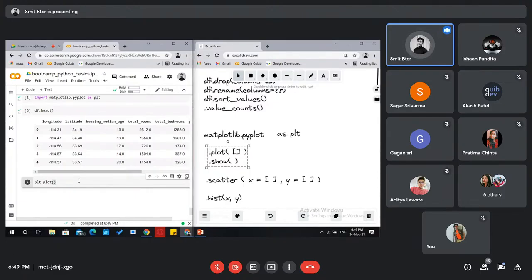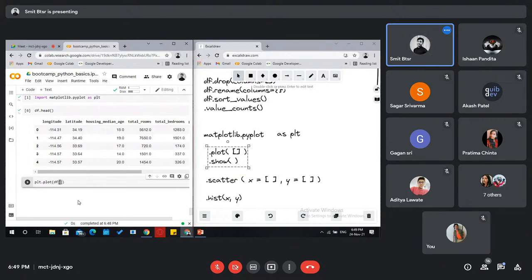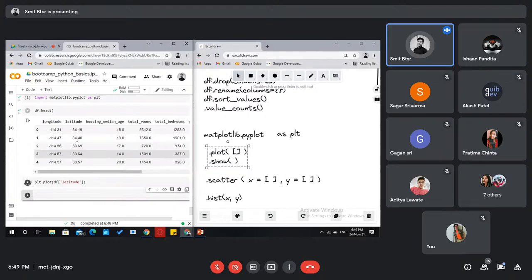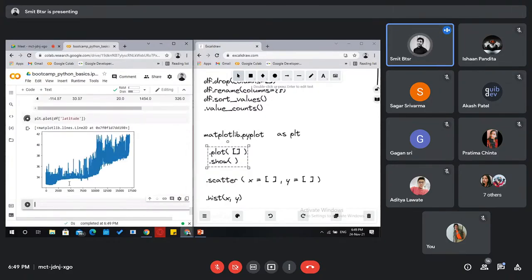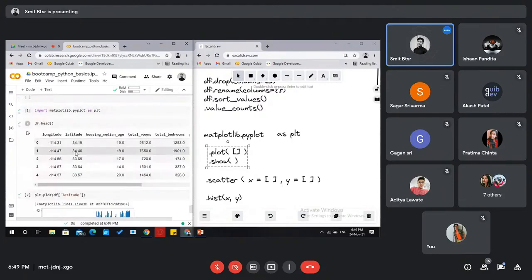So here, if we pass only one argument, like df latitude, we are just passing one single column. It acts as a list. What it will do is load the values against the number of rows.